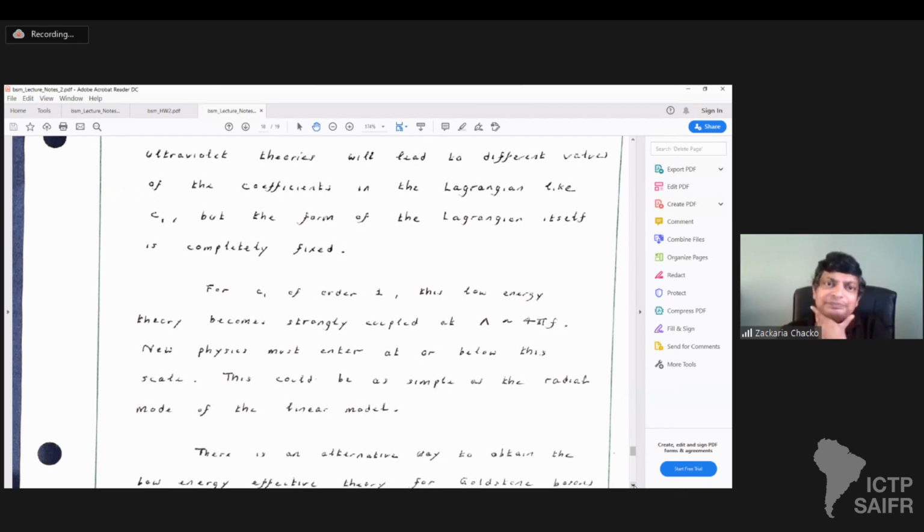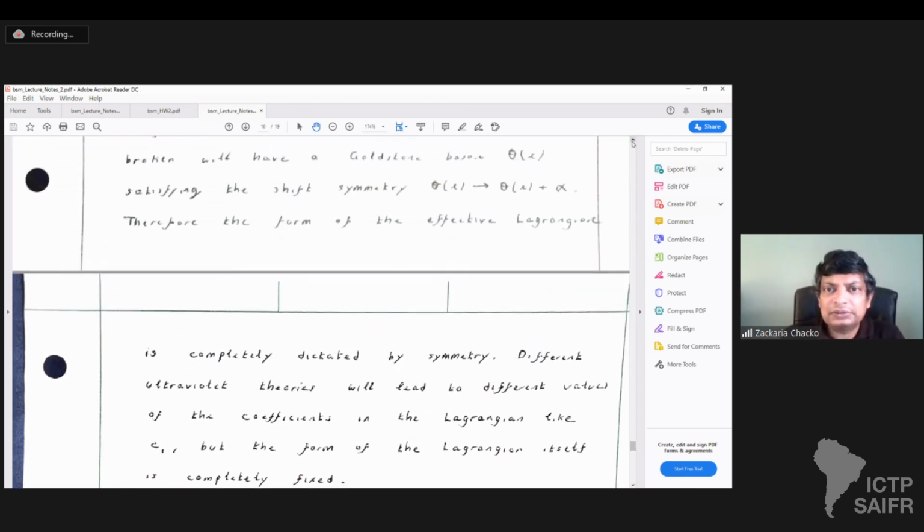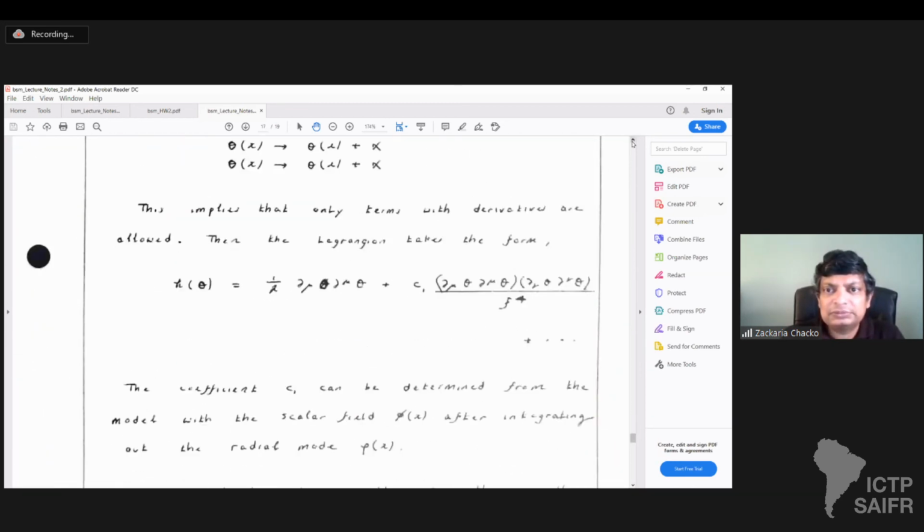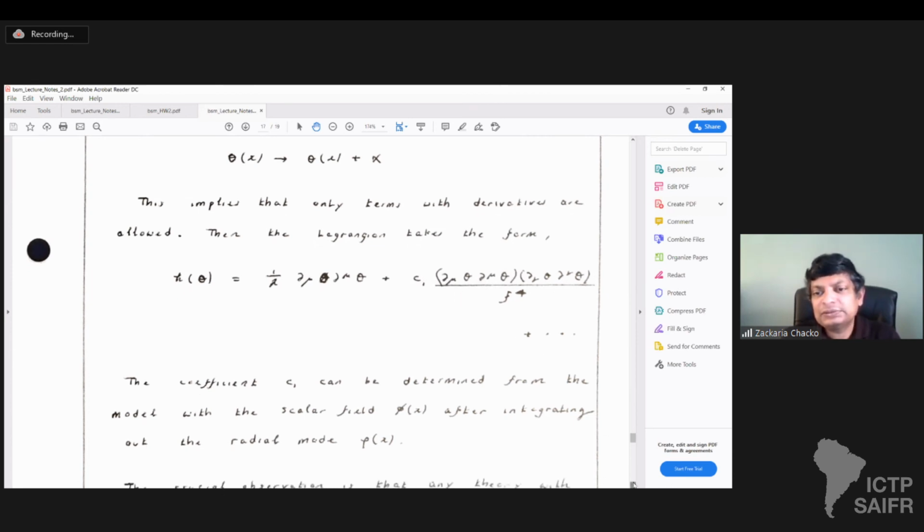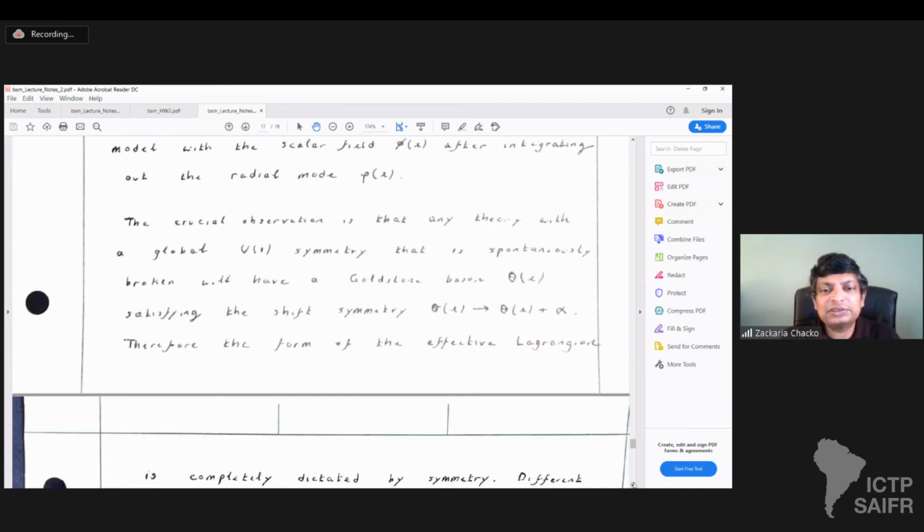Now, let's say C1 is order 1. Then this theory is going to become strongly coupled. This is a non-renormalizable theory. It's going to become strongly coupled at a scale of order 4 pi f, if C1 is order 1.